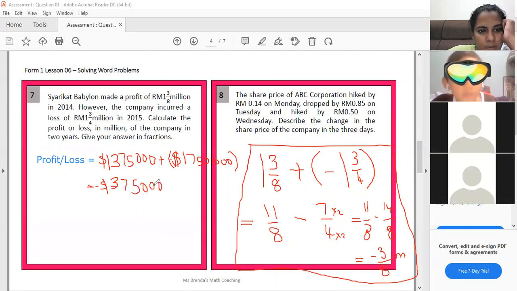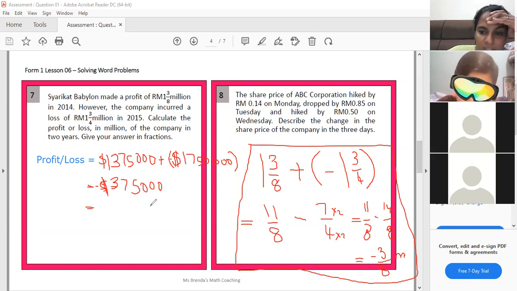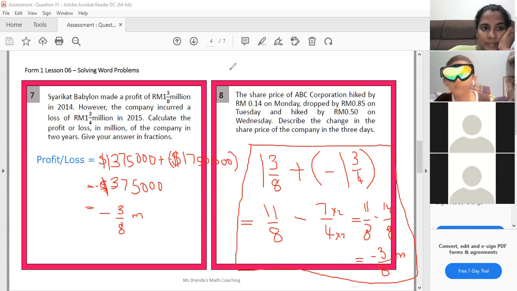If I wrote RM, of course, you can write RM. No problem. And then you change this back to fractions of a million. It's negative 3 over 8 million. You see that? Yeah, it's all in RM.